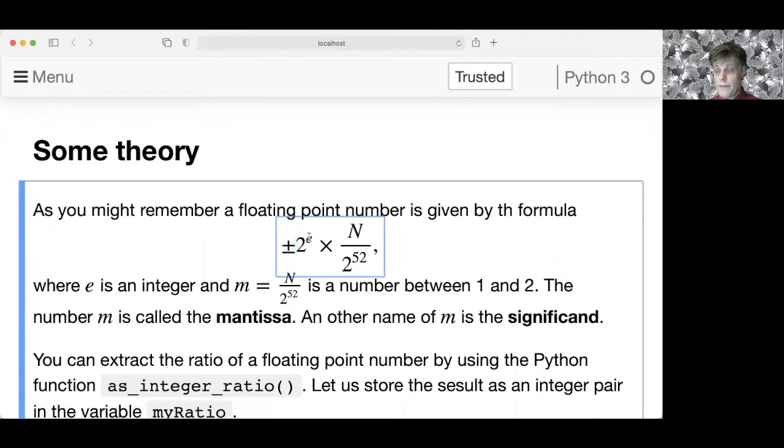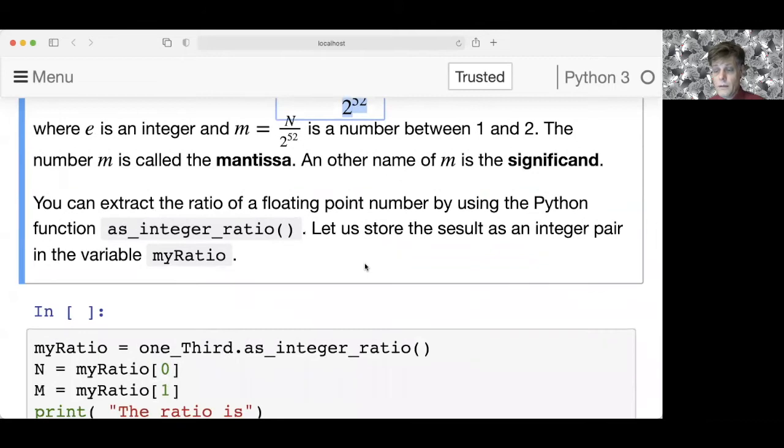And then we have the exponent that is also an integer. So it's 2 to the power of some integer. And then the mantissa is given by n, a whole number, divided by 2 to the power of 52.